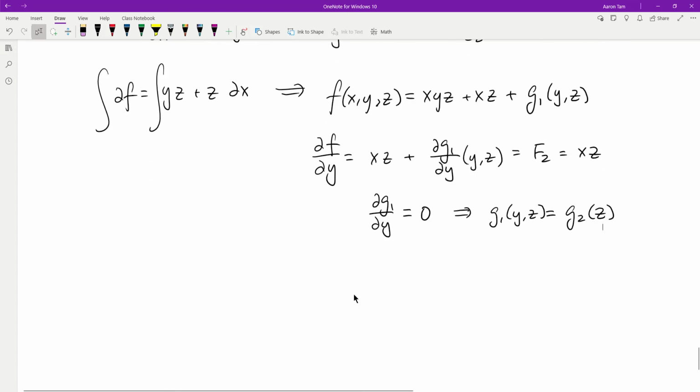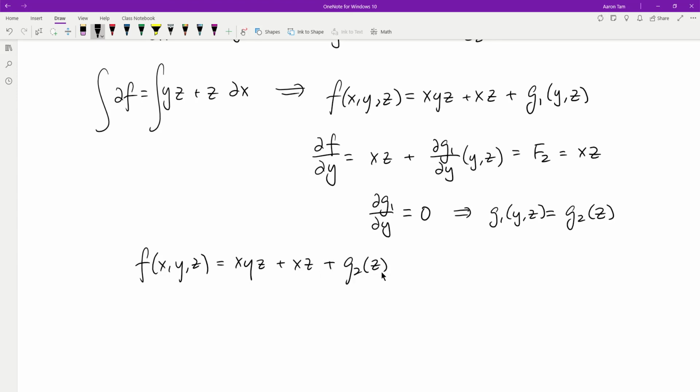So therefore our function f of xyz must equal xyz plus xz plus some function that only involves z. If it involves y, it will change our df over dy. But in this case, it doesn't.